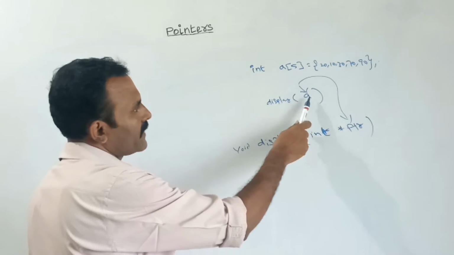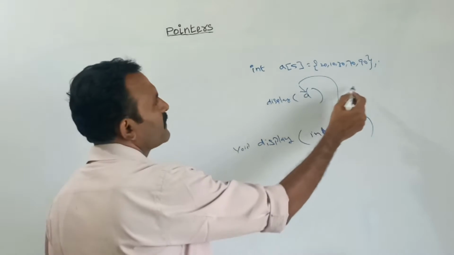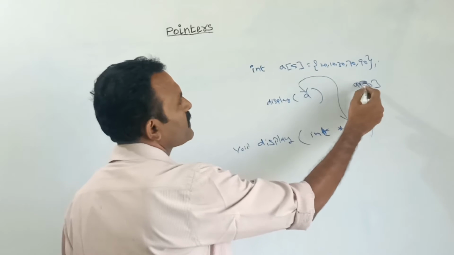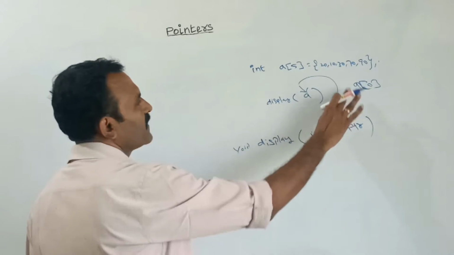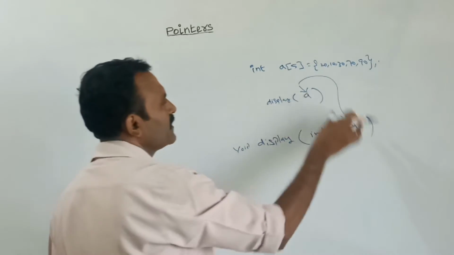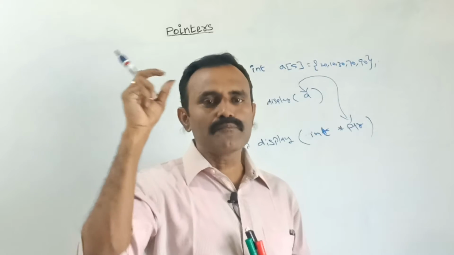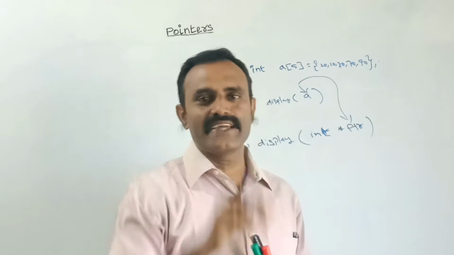We can give directly a, otherwise we can give a of 0 instead; both are similar. If you give it without mentioning the subscript value, by default it will take the base address of the variable which we had passed.